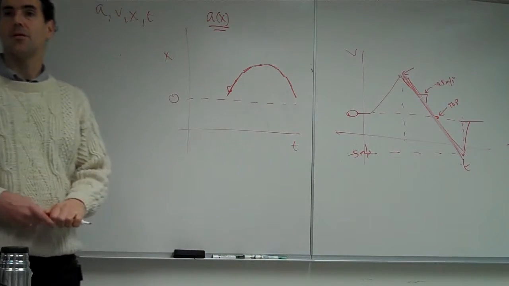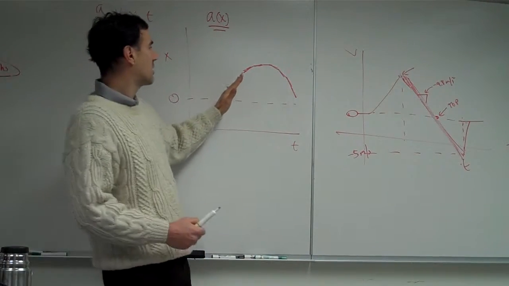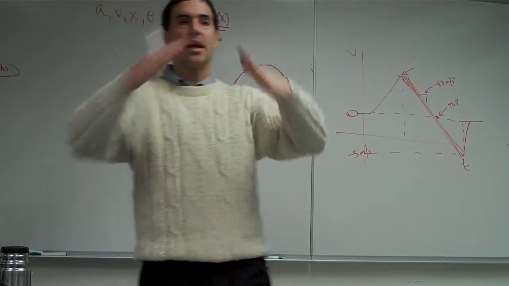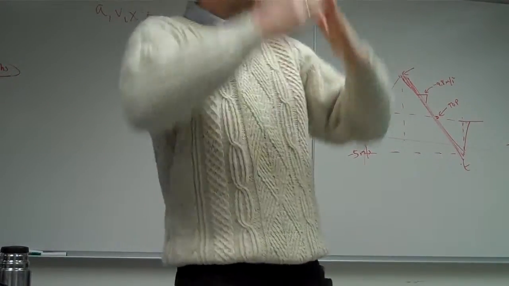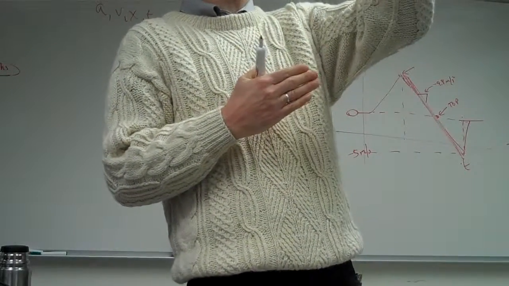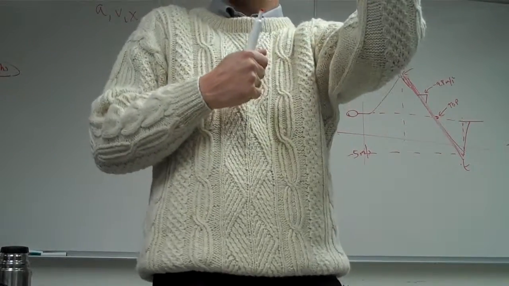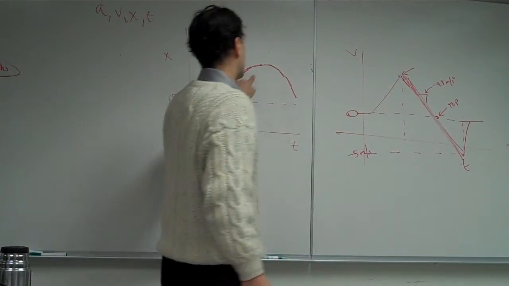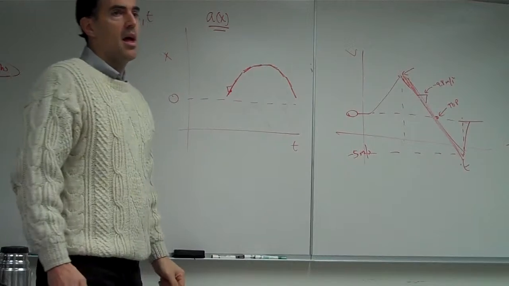So the shape has to be such that the slope is gradually changing. Many of you had a peak, a triangle shape, and that would be incorrect because what you'd have there is a steady slope going up and then a very abrupt switch from positive to negative. So while it's in the air, it's going to take on this shape here.